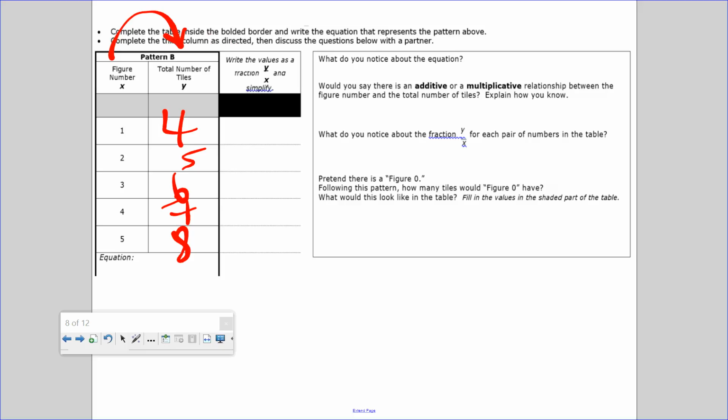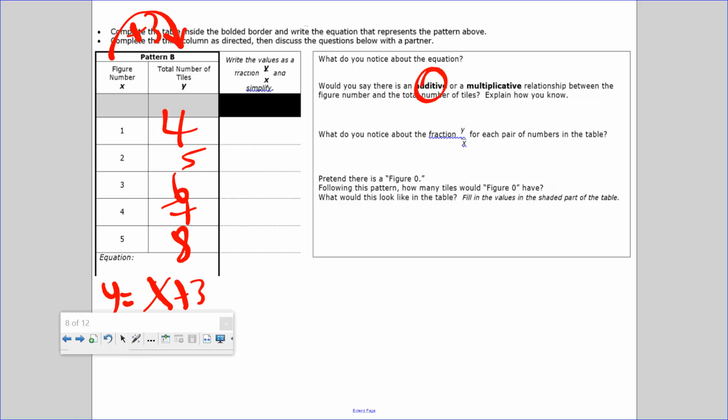We're adding 3 to x, the figure number, to find the total number of tiles, y. So the equation is y equals x plus 3, where y is the total number of tiles. The relationship is additive.